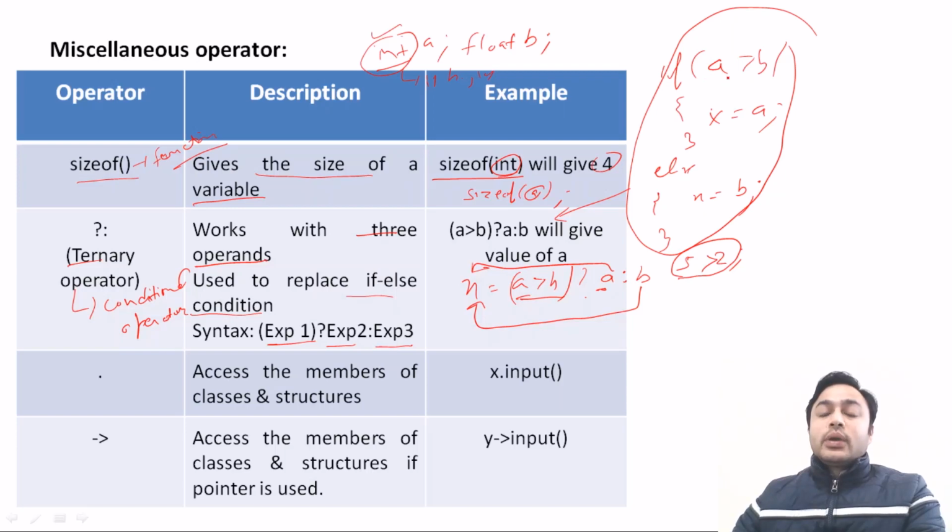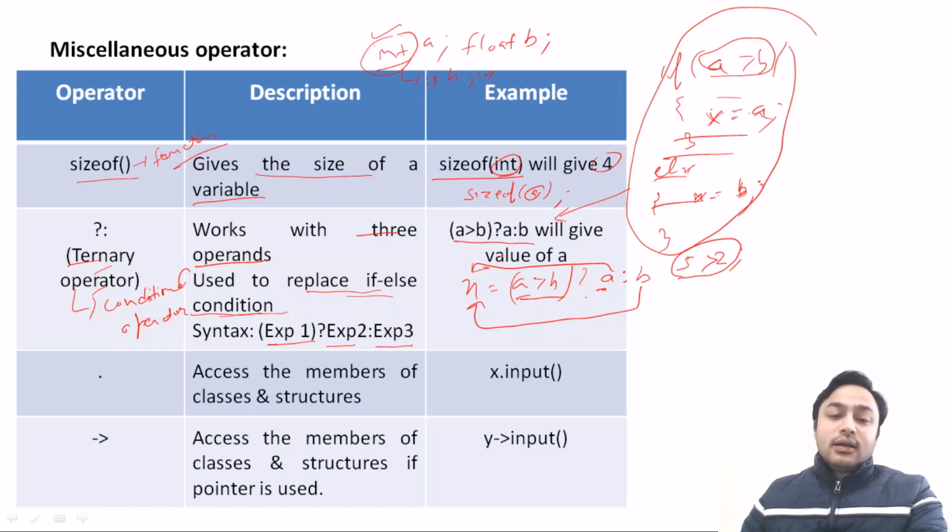For example, here you can see that if the condition is satisfied, then the x value will be equal to a, otherwise the x value will be equal to b. So this ternary operator is used to replace the if-else condition. Here you have to write multiple lines of code, but in this you can write only a single line of statement.